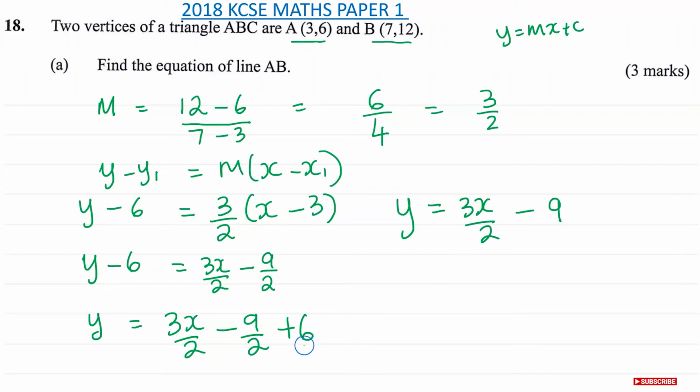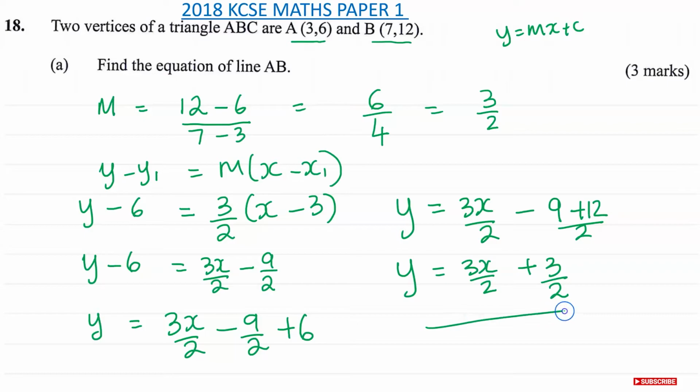And here I need to have the common denominator, so I need to have a 2, which means this 6 is going to be 12 over 2. So minus 9 plus 12 over 2. So now I'm going to have y equals 3x over 2 plus 3 over 2. So this is the equation of line AB.